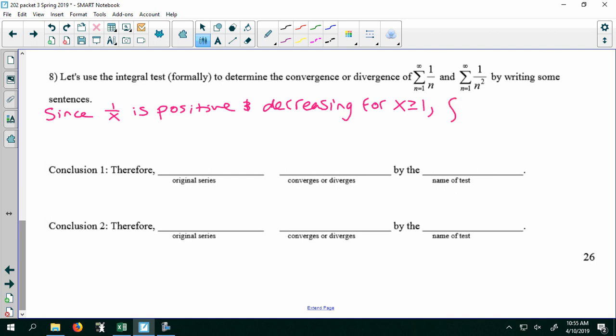The integral diverges. The integral of 1 over x dx diverges.